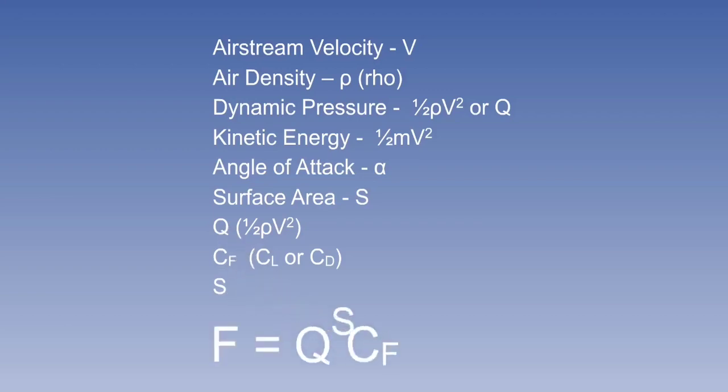The relationship of these three factors is expressed in the equation F equals Q times Cf times S, where F is the aerodynamic force, either lift or drag, Q is the dynamic pressure, half ρv squared, Cf is the coefficient of aerodynamic force, and S is the surface area.